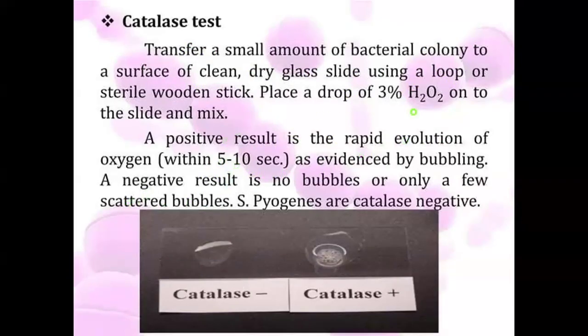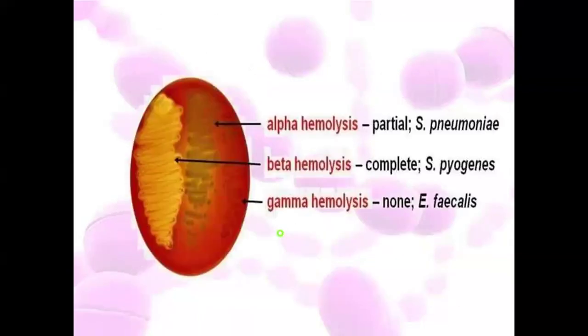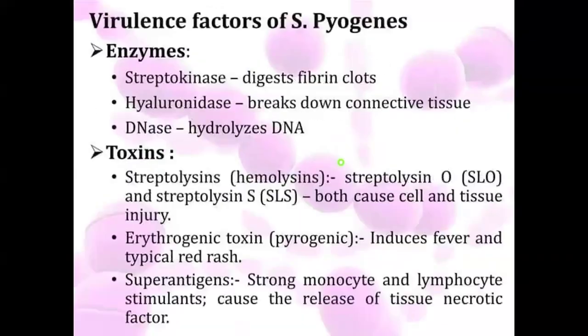The enzyme catalase breaks down hydrogen peroxide to water and oxygen, so you're going to see these bubbles. But we know that strep pyogenes is catalase negative. The catalase positive one is on the other side of the table, which is Staphylococcus. Here, you see catalase test negative, but for Staphylococcus it will be positive.